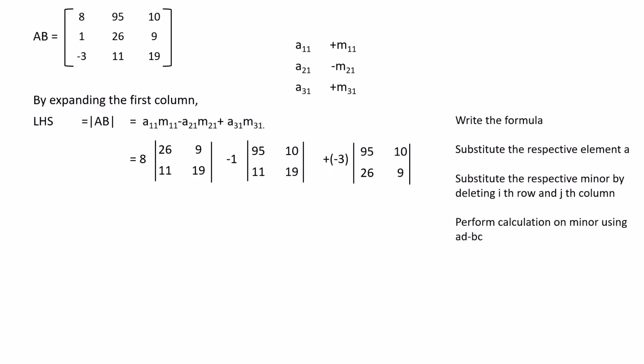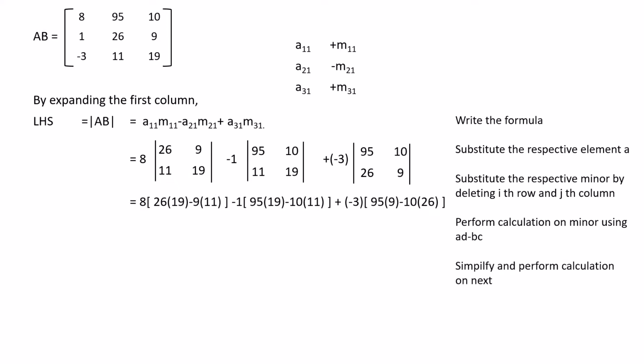Then, perform calculation on the minors using the concept of AD minus BC. Simplify and perform calculation on the next, and finally, we find that the answer equals negative 320.